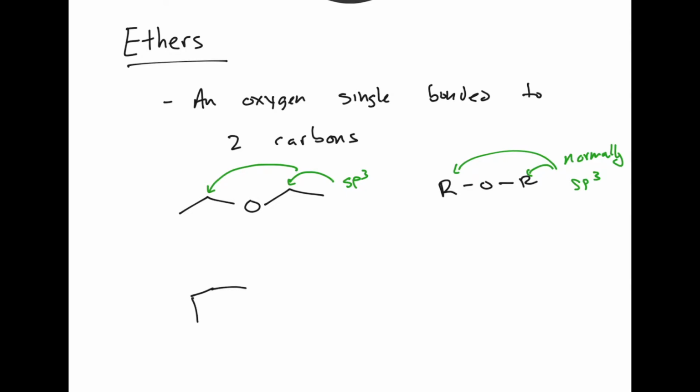You can have aromatic ethers, where the one carbon is sp2. You can even have alkynyl ethers. So you can do a little bit of different stuff, but for the most part, they're going to be sp3 hybridized carbons attached to that oxygen.